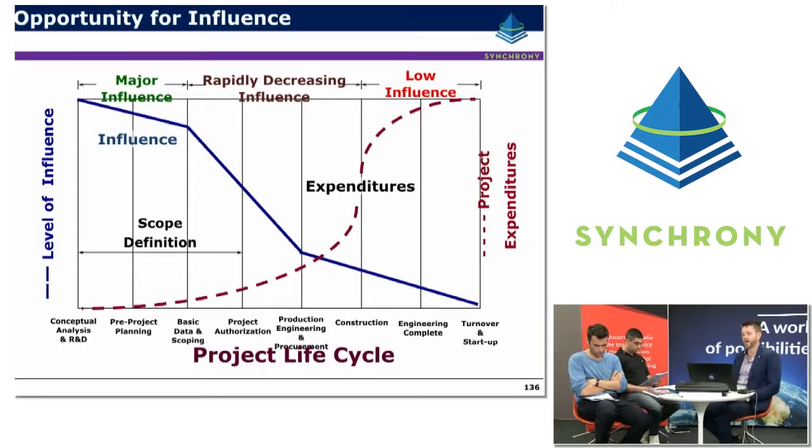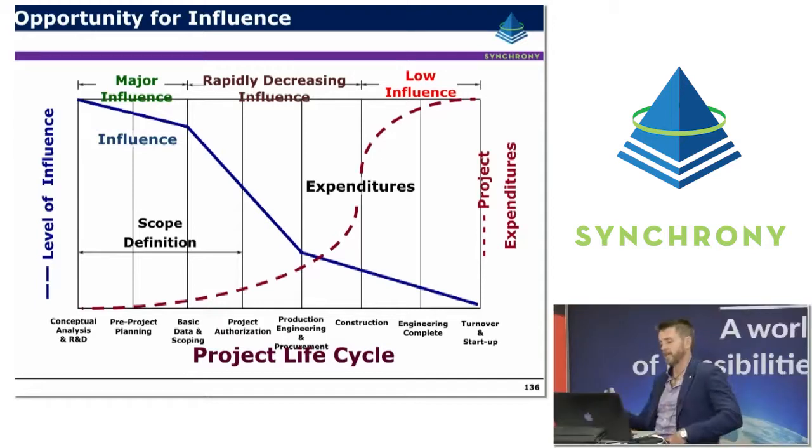And the brown dotted line represents where your expenditures are the greatest. So you can see from this diagram the lower costs at the front end of the project life cycle and the higher ability to influence the outcomes of the project. It helps reinforce this whole concept of front end planning. The more time that's put into planning at the front end of the project, the better the outcomes for the overall project are likely to be.